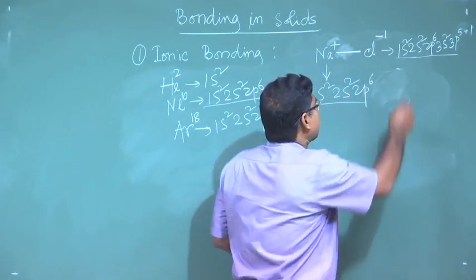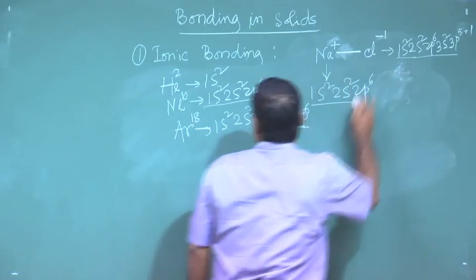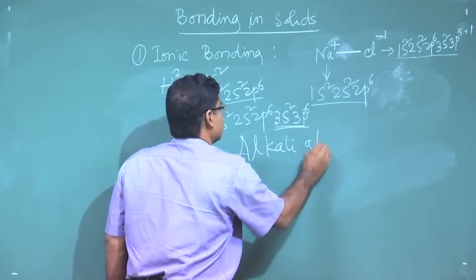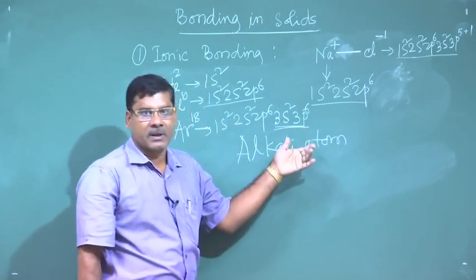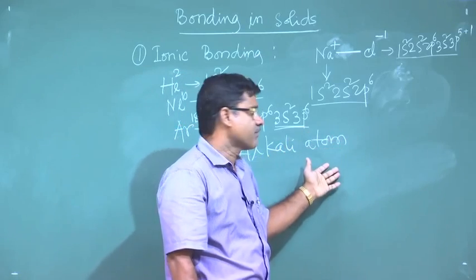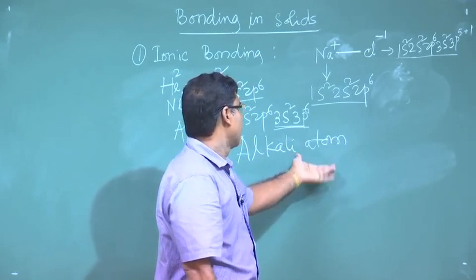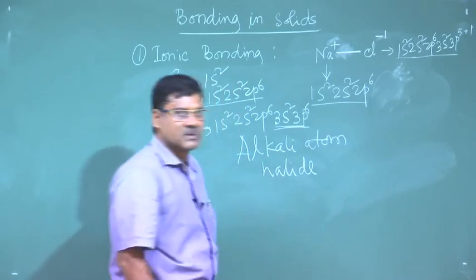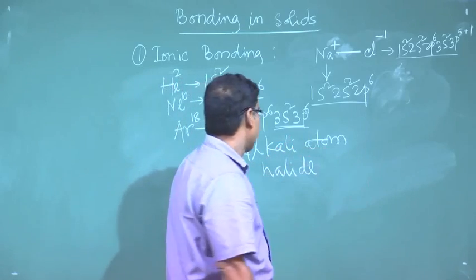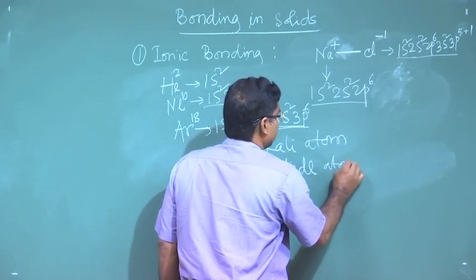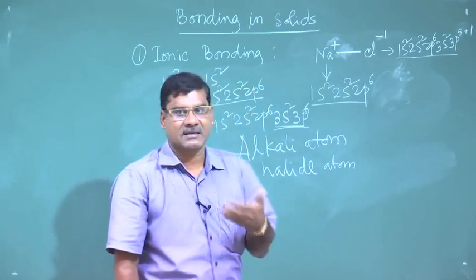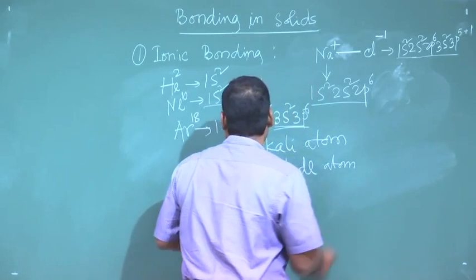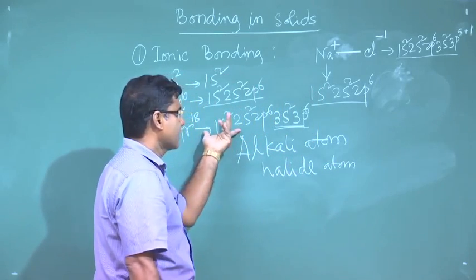So that means any alkali atom, if it leaves 1 electron, gets a stable atomic configuration, and all halide atoms, that is chlorine, fluorine, iodine, if they accept 1 electron, will be stable, with a stable electron configuration.